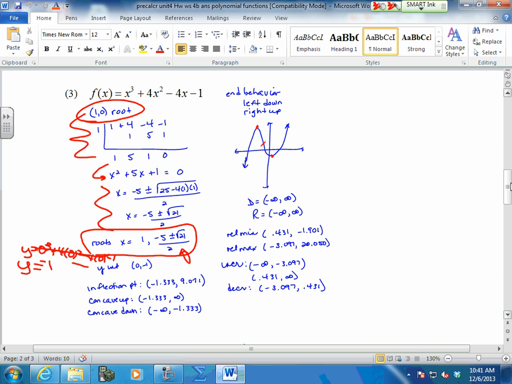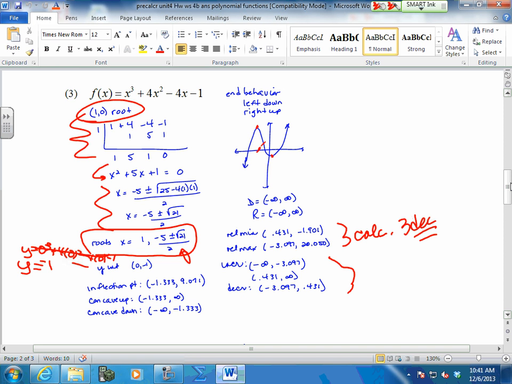Relatives. You have a relative max and a relative min. This you have to find on your calculator to 3 decimal places. You had to do your increasing, decreasing. You had 1 inflection, 3, 2, 1. Take your max and your min, your x values, find the average. There's your inflection point. And do your concavities.